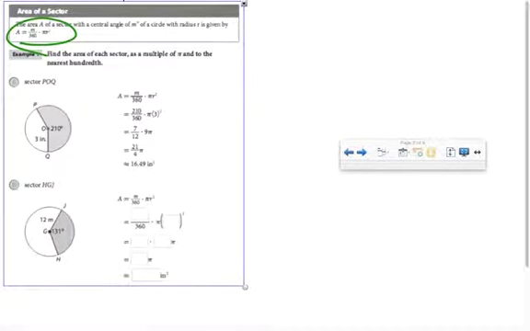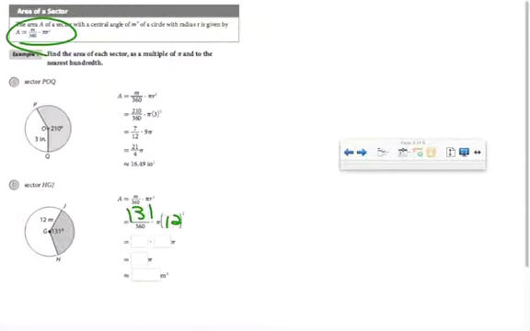For part B, our arc measure is 131. The radius is 12. 131 over 360 doesn't reduce, so I'm just going to kind of carry that around like luggage. 131 over 360 times 144 pi.